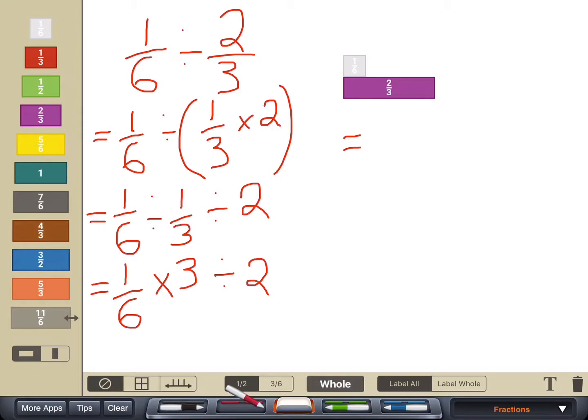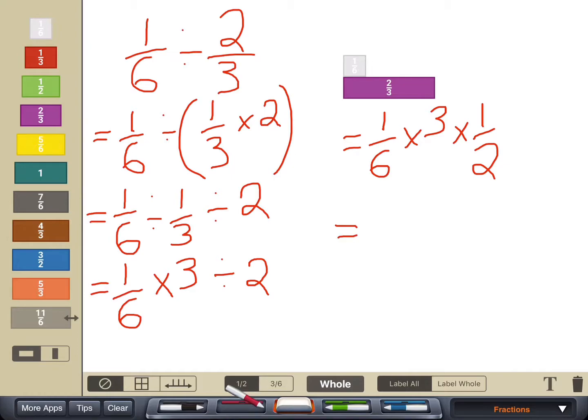So the third concept is the converse of the second one. If dividing by 1/3 is equal to multiplication by 3, then the opposite must be true. So in the case of division by 2, dividing by 2 must be equal to multiplication by 1/2.